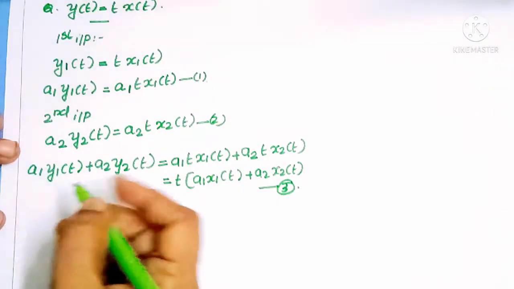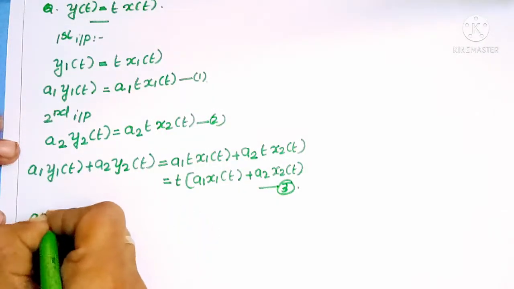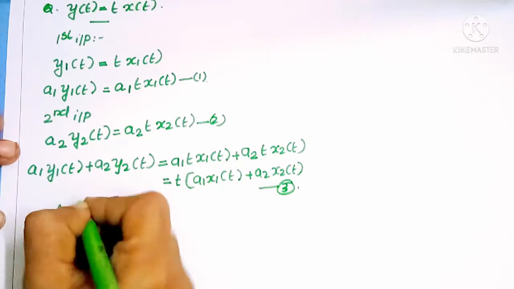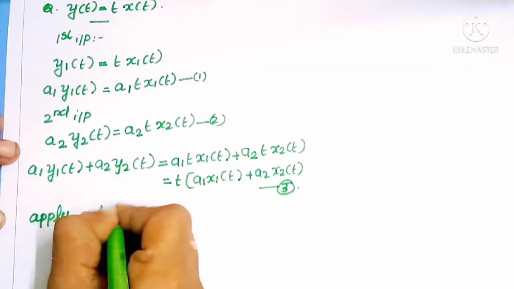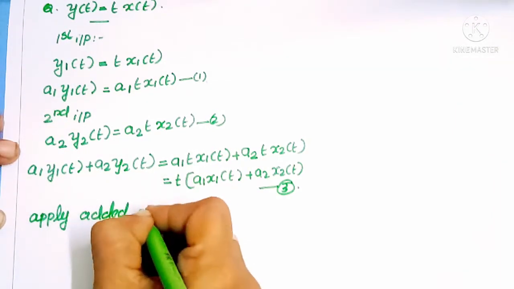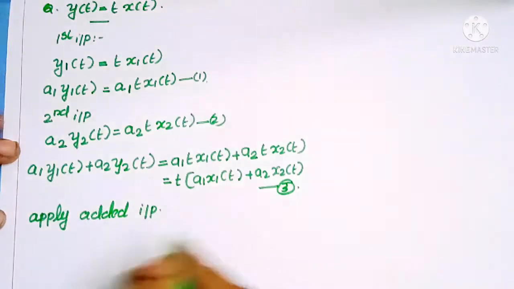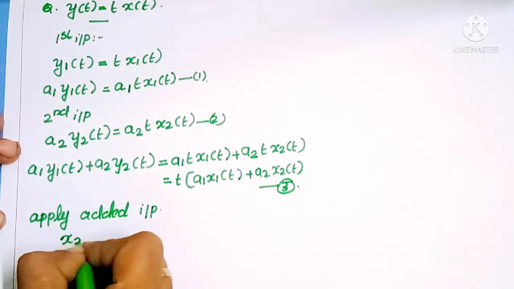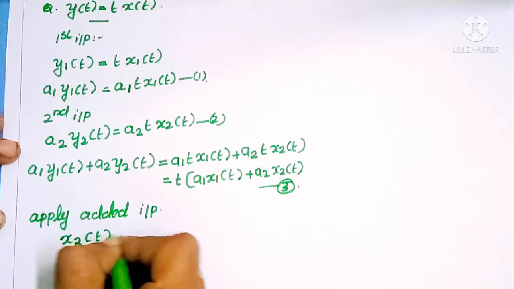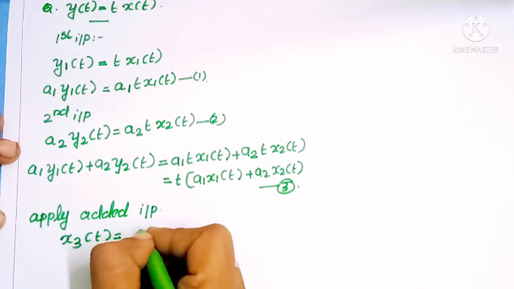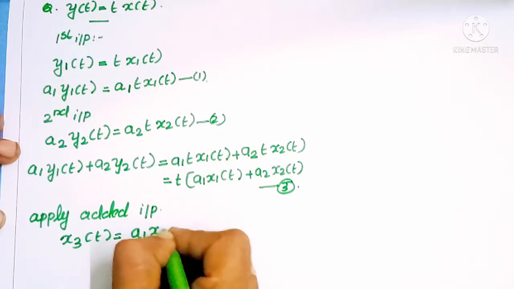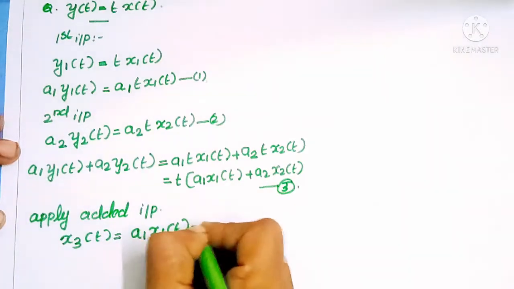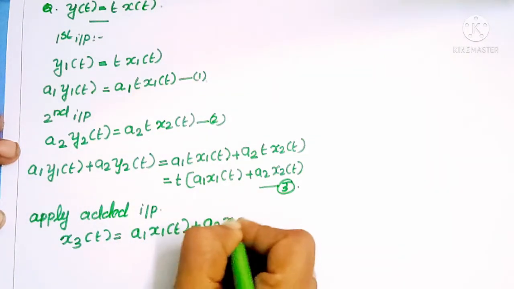Then the next step is to apply an added input to the system. That means we take the added input x3 of t, which is equal to, applying the scaling operation also, a1 x1 of t plus a2 x2 of t.